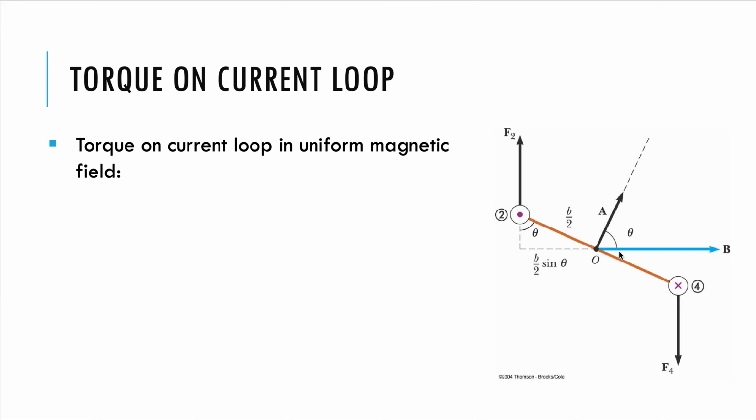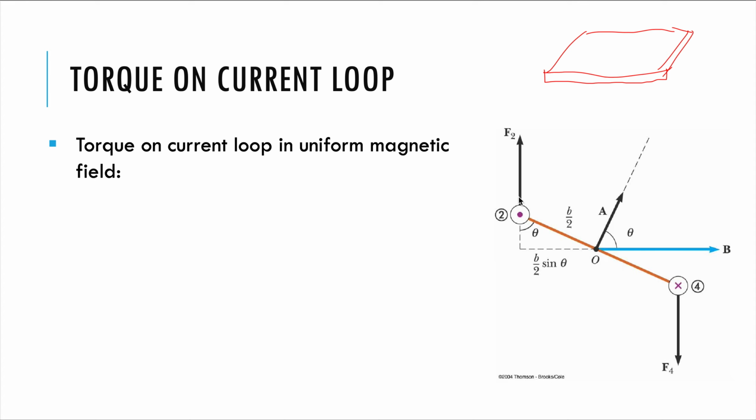But if the loop is at an angle, we're still going to have side 2 experiencing a force upward and side 4 experiencing a force downward, just like if the loop was horizontal, which it was in the previous slide. All right, so that being said, how do we find the torque on this loop now? This is a more general case.